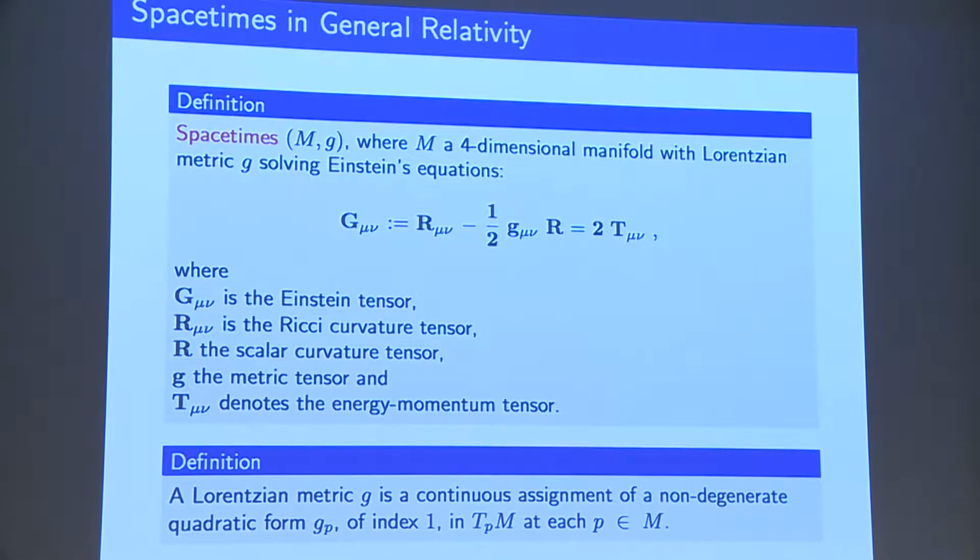And on the right-hand side, we plug in the so-called energy momentum tensor. Whenever you have electric fields present or a fluid or anything else that is not given by gravity on the left-hand side, you plug it into the energy momentum tensor, and you have also to supply the corresponding equations. So for instance, if you have electromagnetic fields, you couple your Einstein with the Maxwell equations and you get the coupled Einstein-Maxwell system.